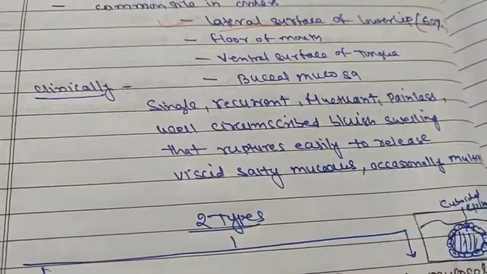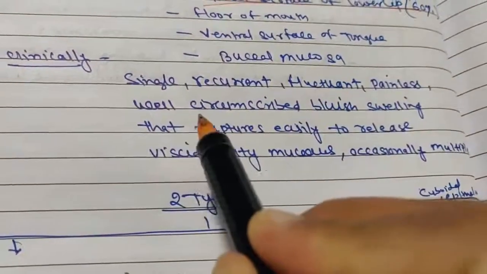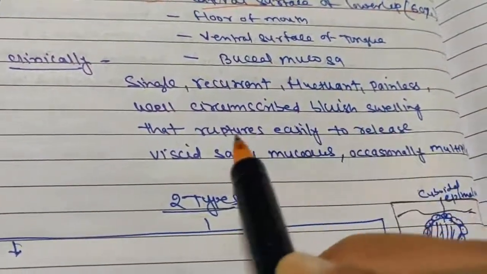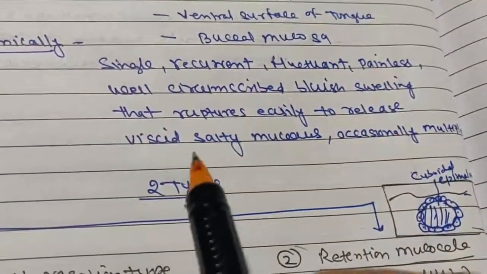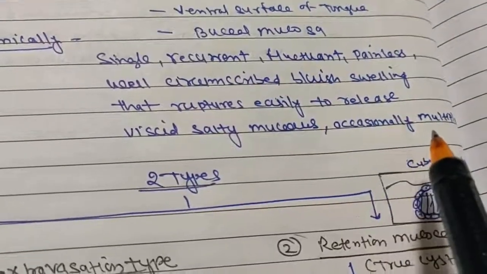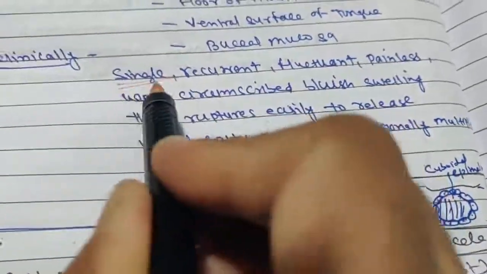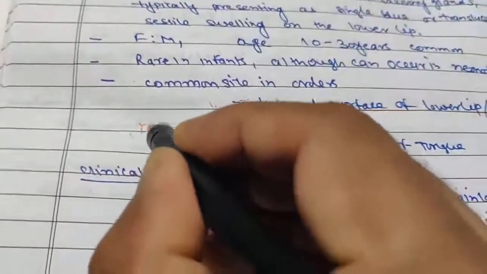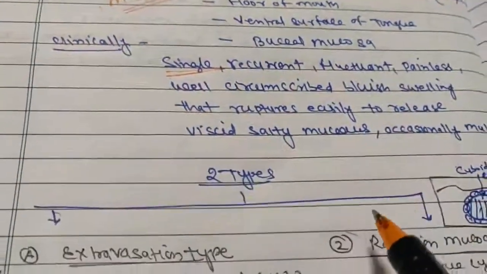Clinically, you see a single, recurrent, fluctuant, painless, well circumscribed, bluish swelling that ruptures easily to release viscid, salty mucus. They are occasionally multiple, but most of the time they are single. So an MCQ: the most common site is the lateral surface of the lower lip.